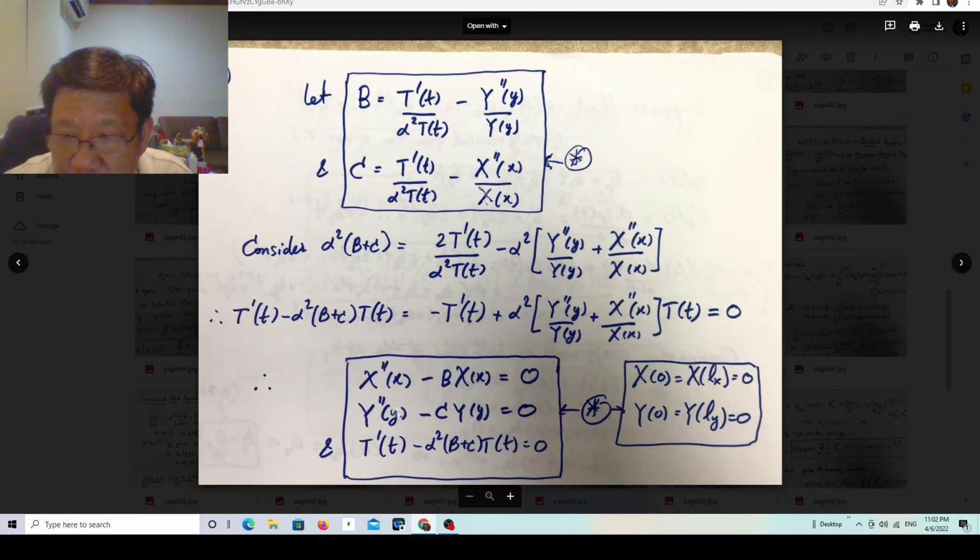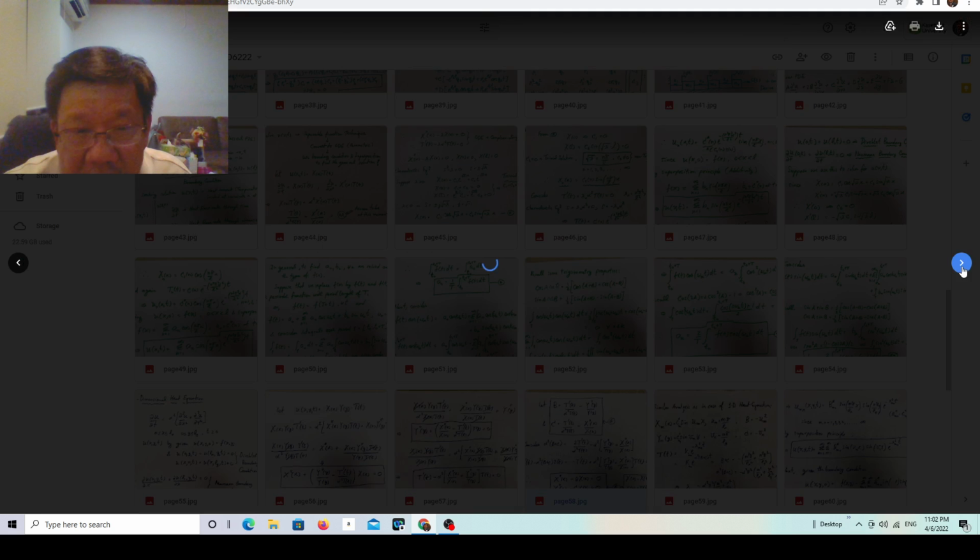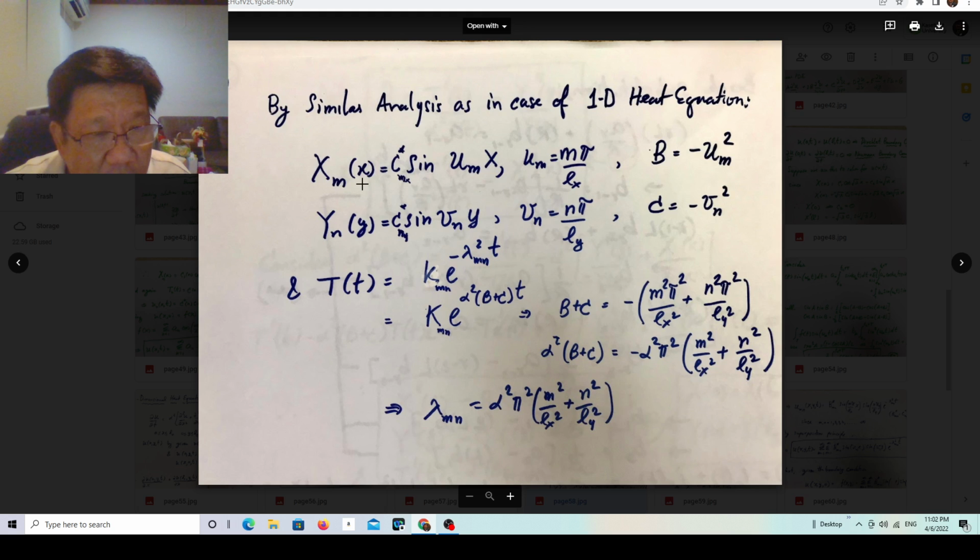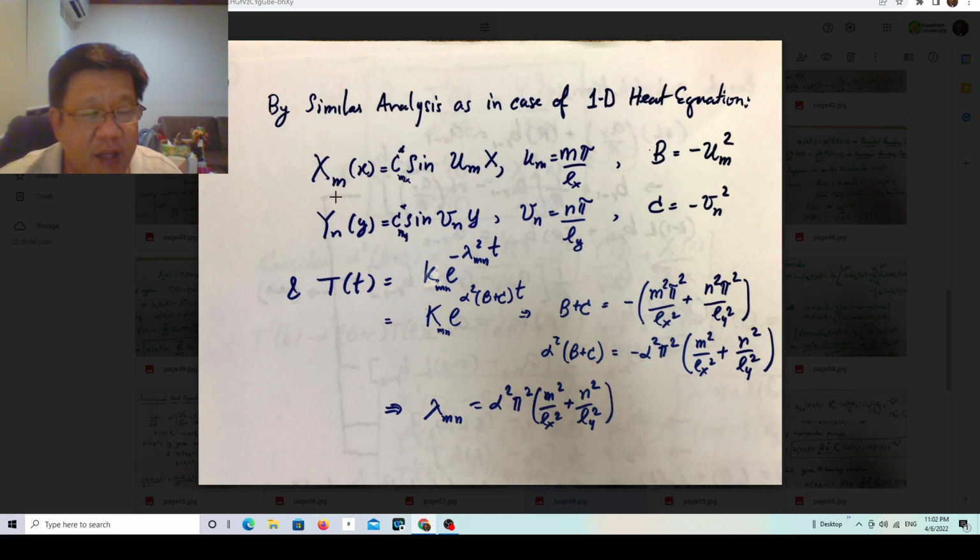Therefore, in a similar way, we end up with X, using a different notation now because we need both m and n, since you have two domains, x and y.